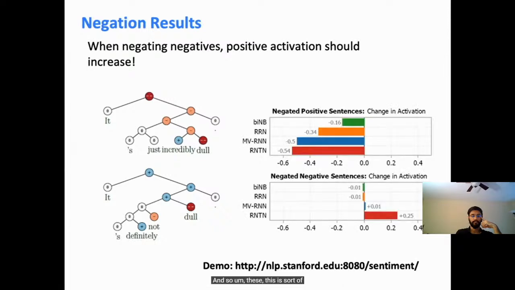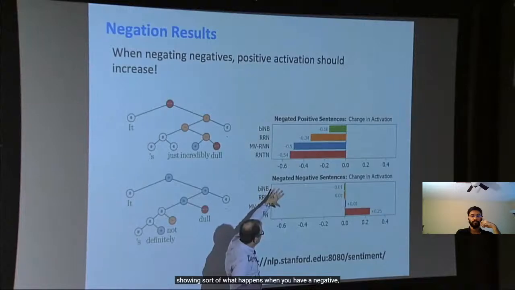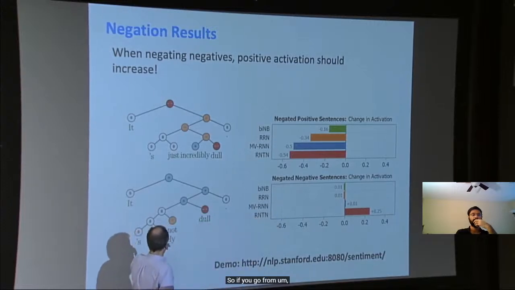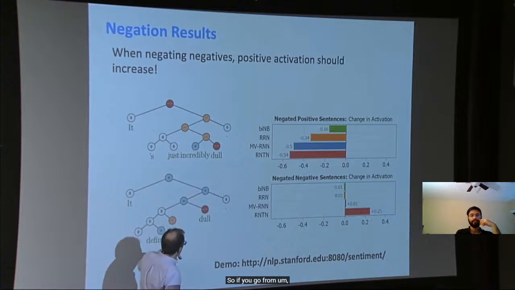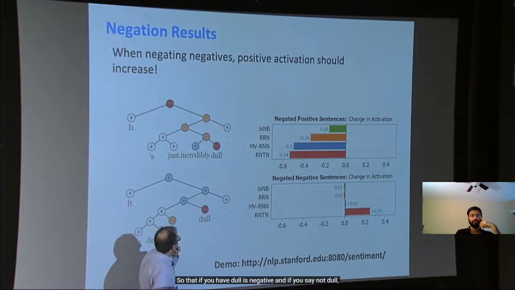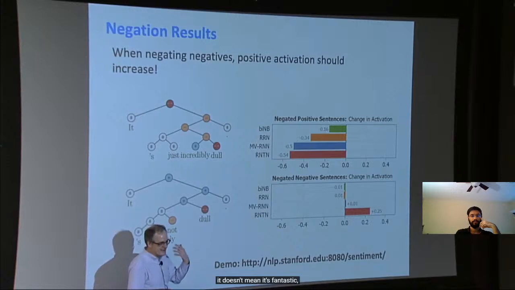This is showing what happens when you have a negative sentence that's further negated. If you do a negation of a negative, things should become moderately positive, right? So if dull is negative, and you say not dull, it doesn't mean it's fantastic, but it means it's moderately positive.